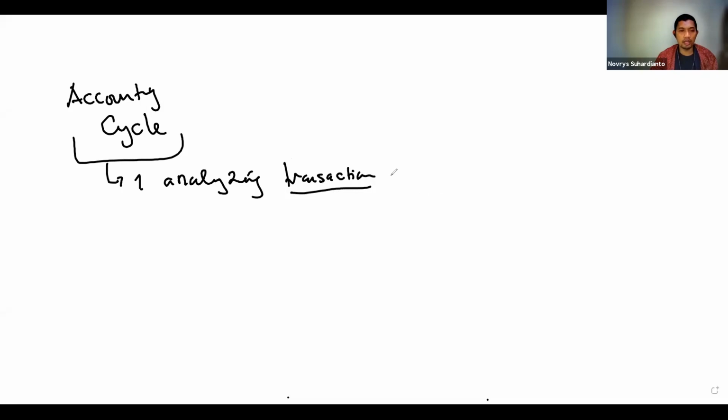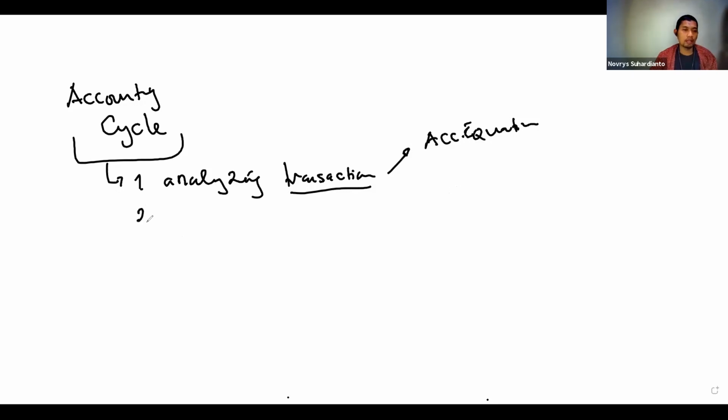And you analyzed the transaction using a very basic approach, which is the accounting equation, to analyze the effect of the transaction on asset, liability, or equity.